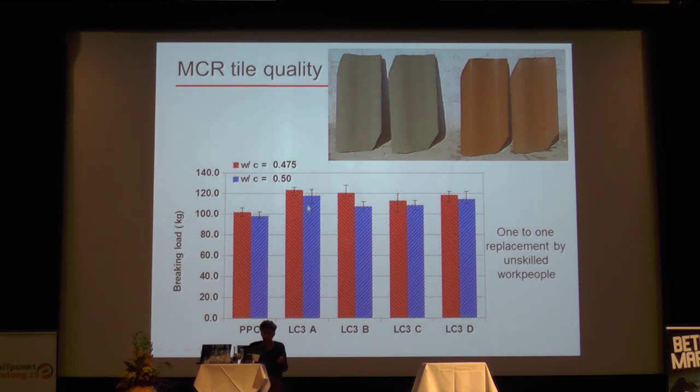And all our materials outperformed the material they were using every day, which was a fly ash blend. So this is a fly ash blend here. These were all the cements we produced. And even though in some cases we had to use slightly more water, we still had higher breaking strength for the roof tiles. So for a first trial, we knew it wasn't perfect, but still it works, and you can give it to totally unskilled people.